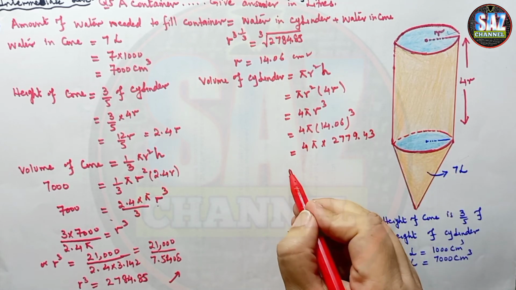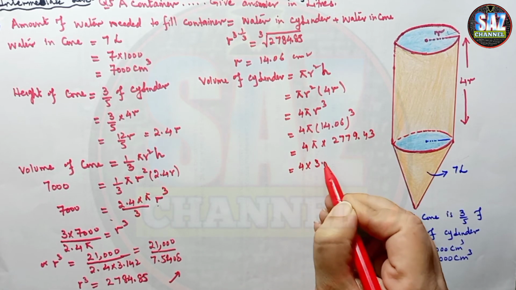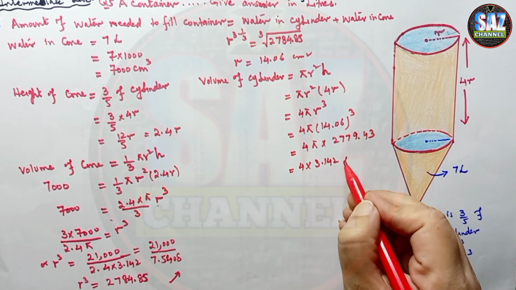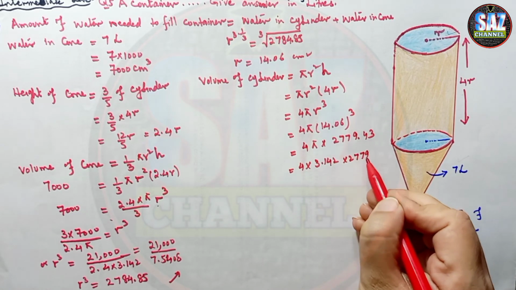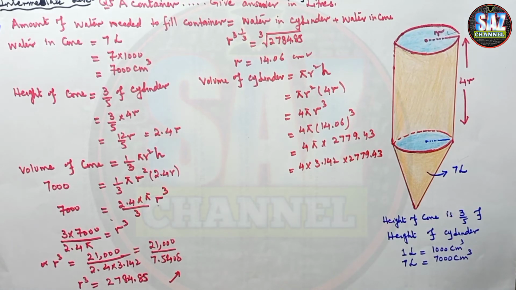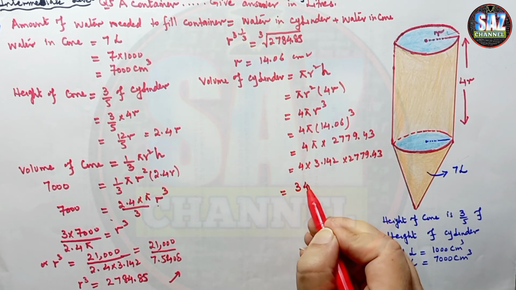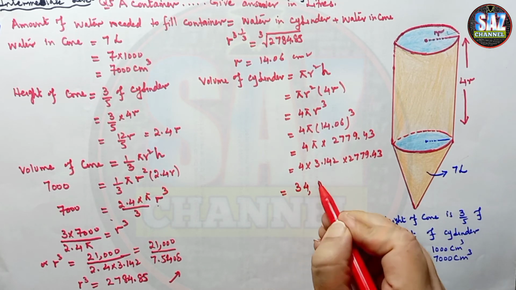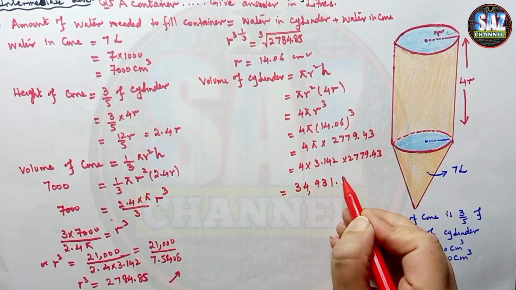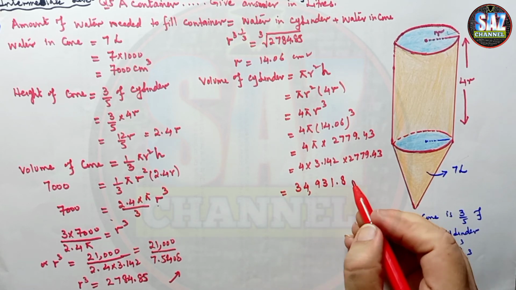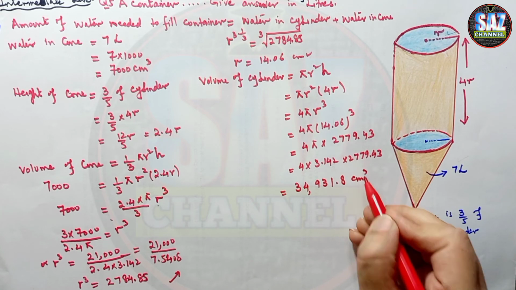Now what I have to do is 4 multiplied by 3.142 multiplied by 2779.43, and this gives me 34,931.8 centimeter cube.